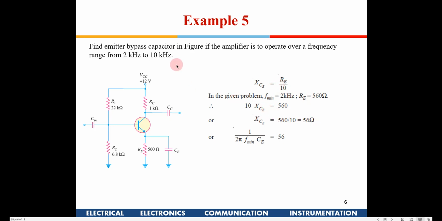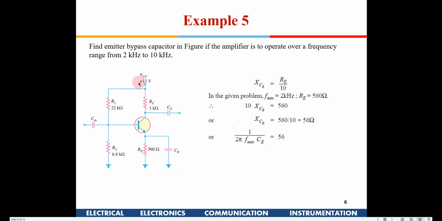And also for a particular frequency range, this circuit has to operate satisfactorily from 2 kilohertz to 10 kilohertz. So even at a lower frequency, it should be able to bypass RE. So we take the lower frequency of 2 kilohertz also.